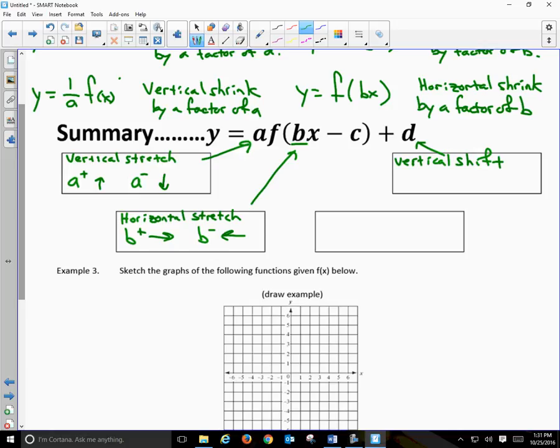And then, not just c, but the entire piece here, solve bx minus c equal to 0. We said whatever you plug in to make 0, that's going to be your horizontal shift. That kind of puts it all together for us, right?